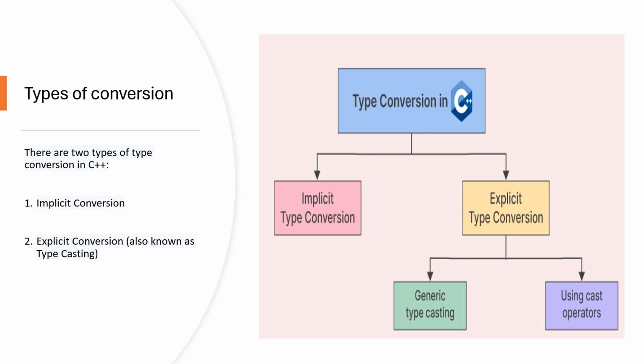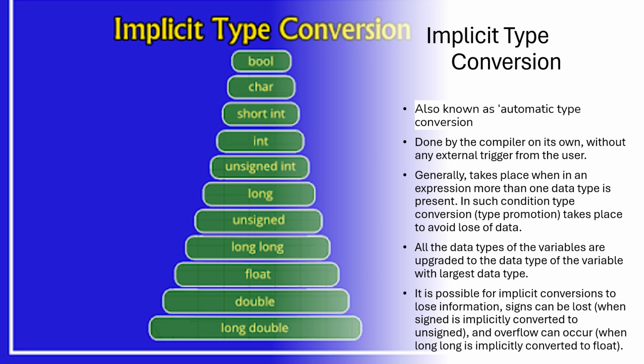So here is one simple diagram. There are two types, implicit and explicit. Explicit conversion is of two types: generic typecasting and using the cast operator. Implicit is a simple one, where the type conversion is done automatically. This goes through Boolean, character, short int, integer, unsigned int, long, unsigned long, float, double, and long double.